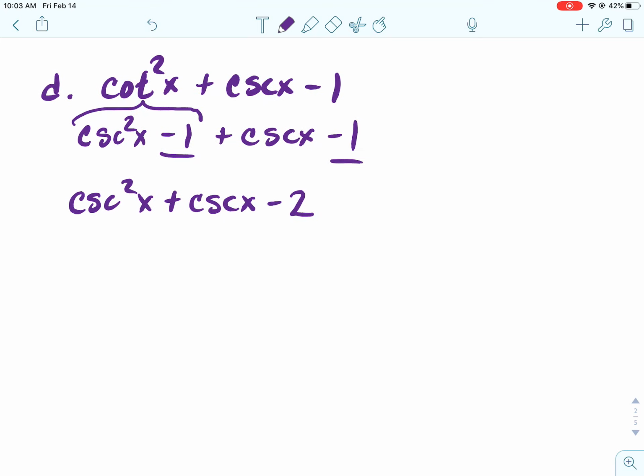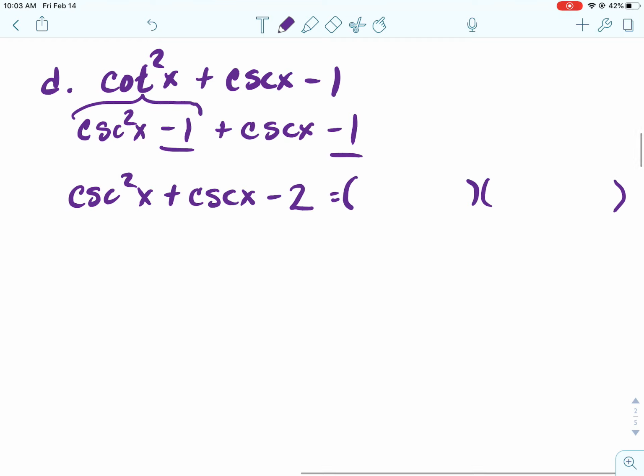And then I'm going to factor this just like a trinomial, just like we've factored tons of times. So we're just going to do our two sets of parentheses. And what we're going to put here and here is going to multiply to give us cosecant squared of x. So that's going to be cosecant of x and cosecant of x.